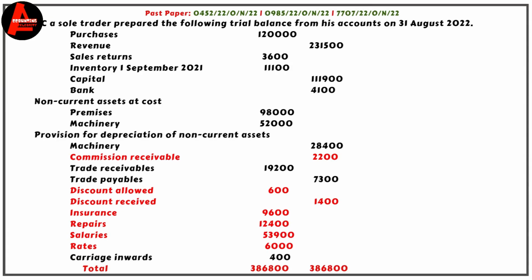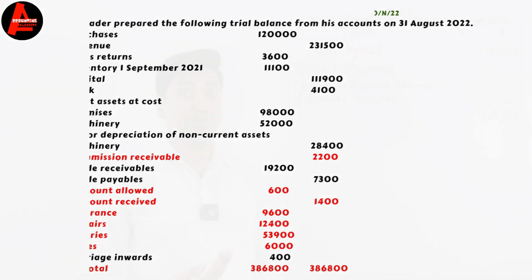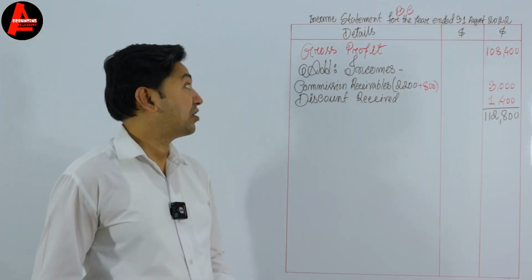In the question we have some expense-related items. We have discount allowed $600, which is an expense. We have insurance expense, and repairs, which is also an expense. Salary and rates, these two are also expenses. Carriage inwards, we have already taken into account to calculate gross profit.